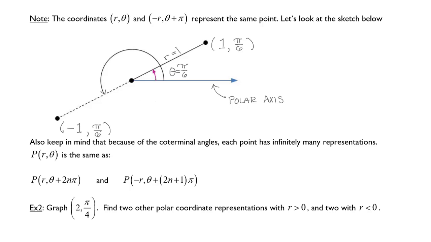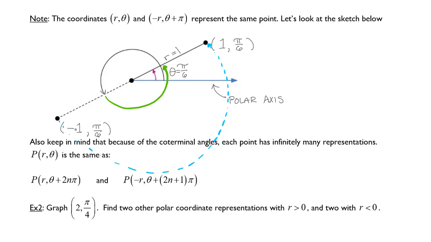To get from this point, negative 1, pi over 6, all we would have to do is add an angle of pi, and we would be right back at this other point. If I wanted to try and draw this, it would be swinging the point around to this other point.